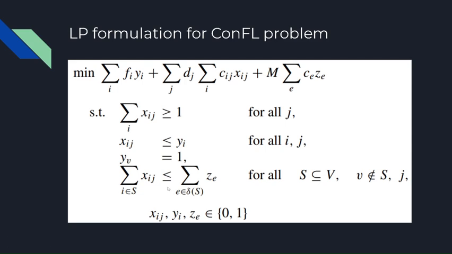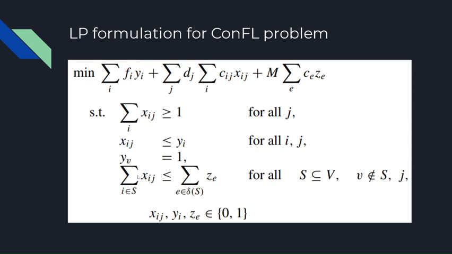What we are saying is that if we take any cut of this graph that separates a particular facility from the root vertex, then there must be at least one edge that goes across the cut. That is, it will connect the facility to the root vertex v.